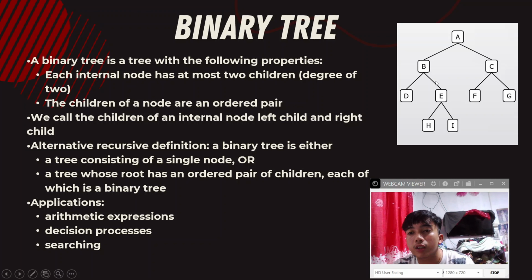They are called an ordered pair because, as we can see here, they are ordered: D and E, in alphabetical order, so they are in line. D, the next letter is E. F, the next letter is G, and so are H and I, and B and C.